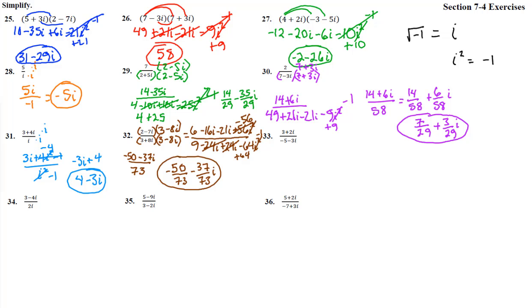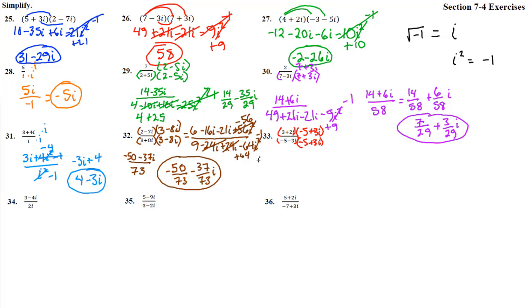Okay, next one. Number 33. Let me see. Got to times by the conjugate, which will be negative 5 plus 3i on top and bottom. We'll put the parentheses around there because we're timesing binomials.